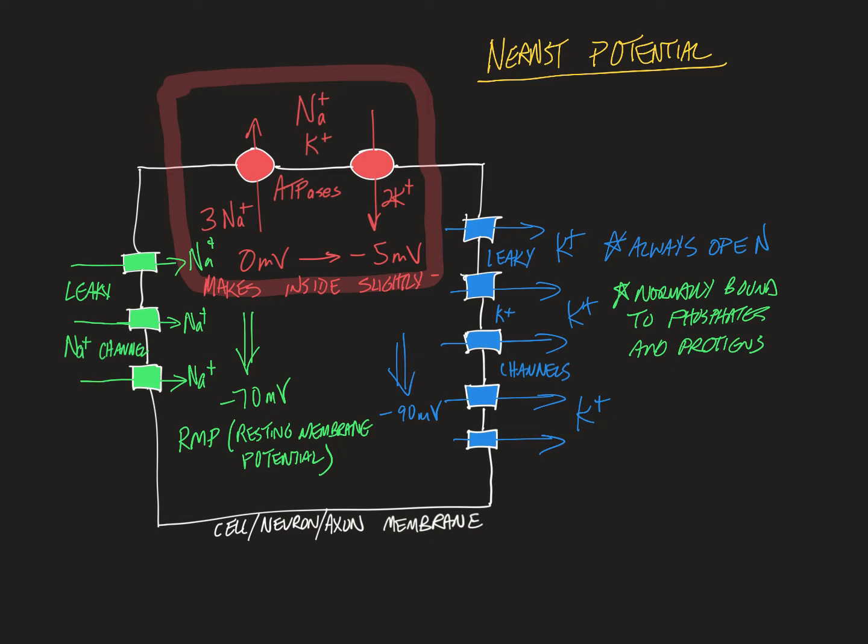But there's an equation, and it says the voltage that we're talking about here is going to be RT over ZF times the natural log of a concentration ratio. That's the formal thing. So R and T are the same R and T that you would see in the ideal gas law, the gas constant and absolute temperature.